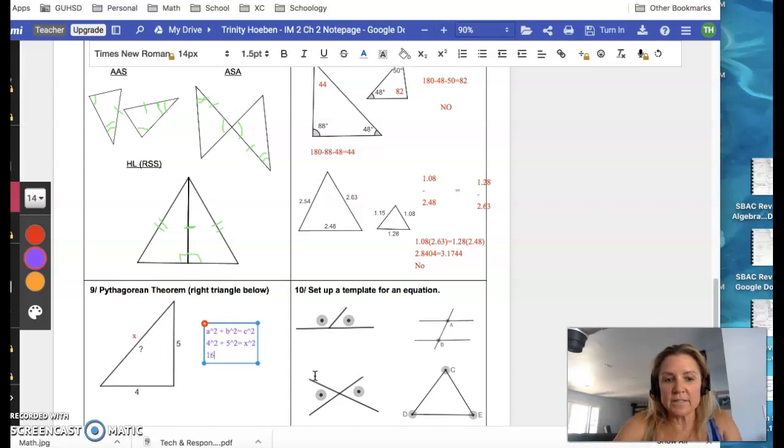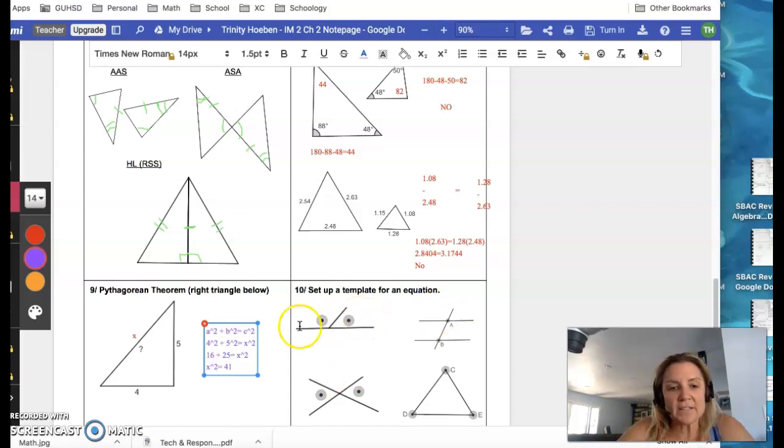4 squared is 16, 5 squared is 25, and we know that's equal to X squared. So I'm going to add the 16 and the 25 together. So my X squared is equal to 41.